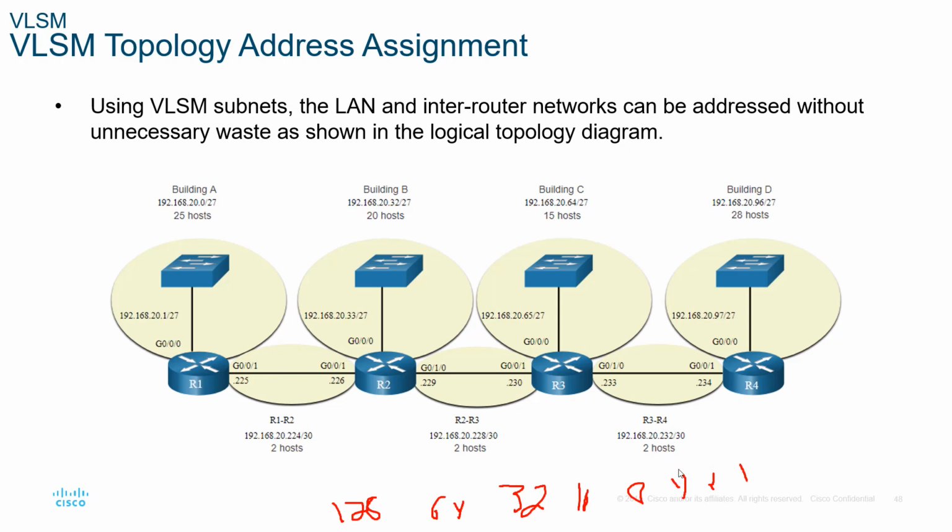This is our /30, so that's why we get our /30s for these interconnects. For buildings A, B, C, and D, they have more than 14 hosts, so that network doesn't work. We've got to be in the network that gives us 30 usable addresses. Yes, we're still wasting addresses in each group, but our waste is less.